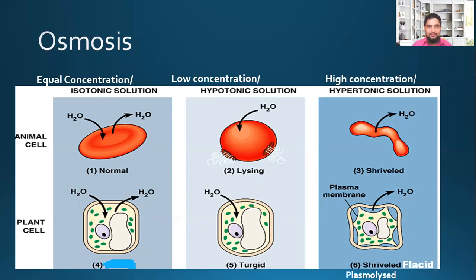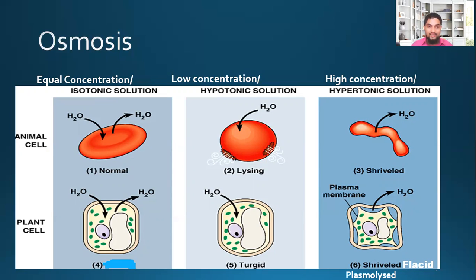So let's say for that animal cell, if you place it in an isotonic solution, I'm going to use an example of percentage. Outside of the cell, you may have 5% of water, and inside of the cell, you have 5% of water. So the water is not really moving a lot. Similarly for the plant cell, if you have it in an isotonic solution, same explanation here.